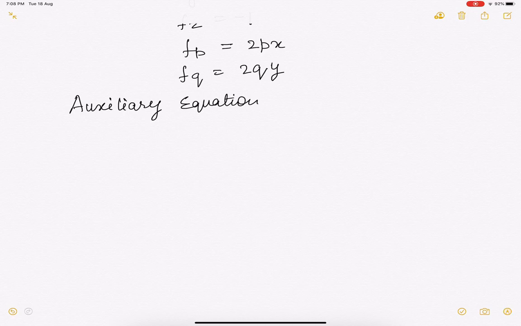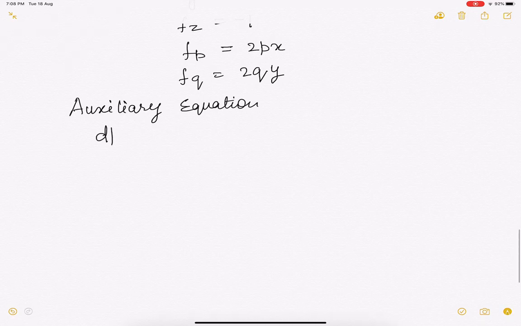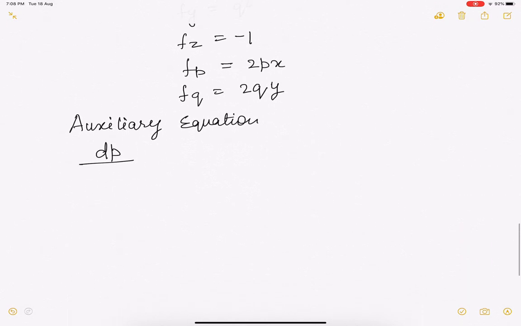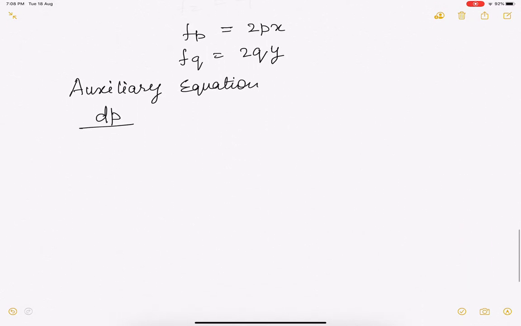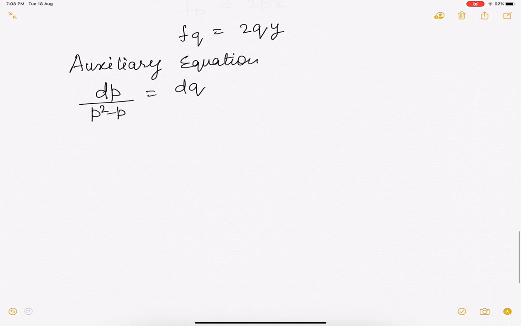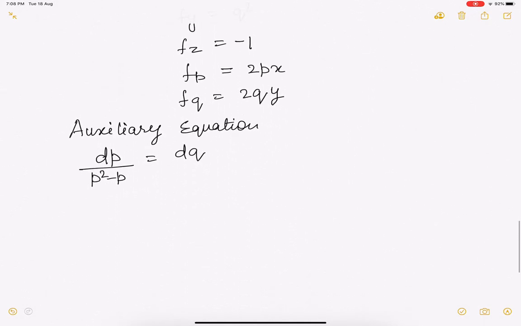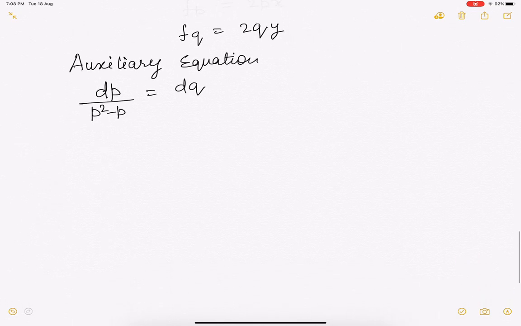So Charpit's auxiliary equation is dp upon fx plus p fz, so p square minus p. What is dq? dq is fy plus q fz, so q square minus q.